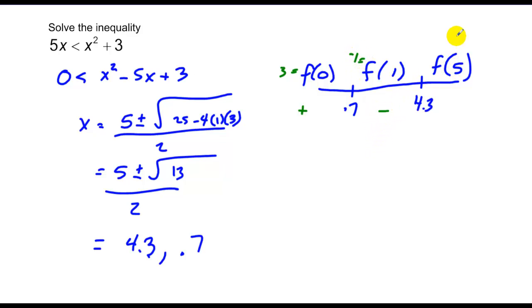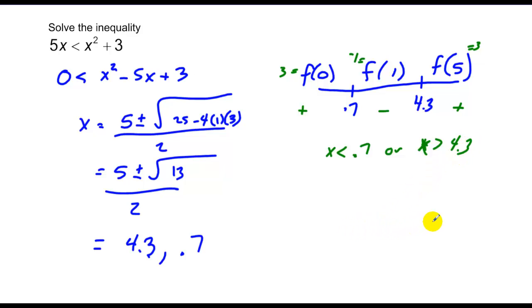And I plug in a 5, and I get 25 minus 25 plus 3, which equals a positive 3, and that's positive. So therefore, if I want to know what x values give me y values that are greater than 0, those are numbers that are less than 0.7 or numbers that are greater than 4.3.